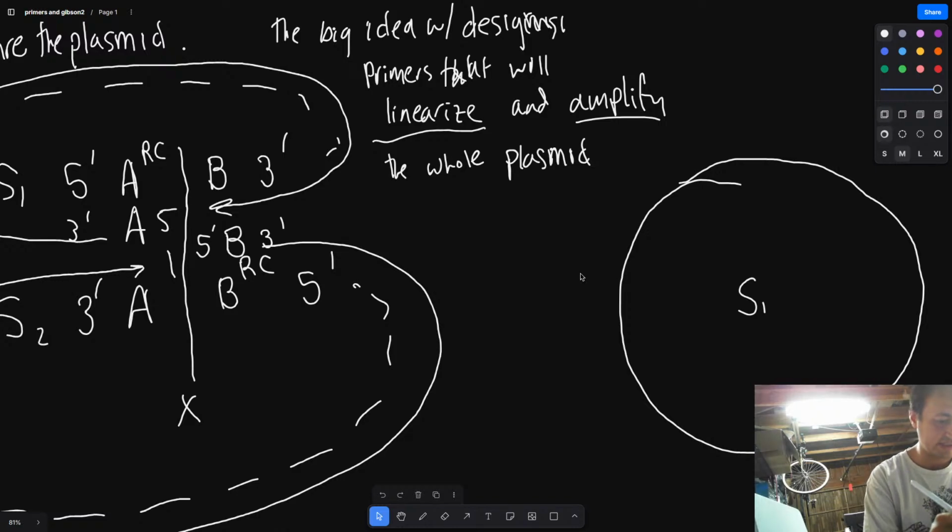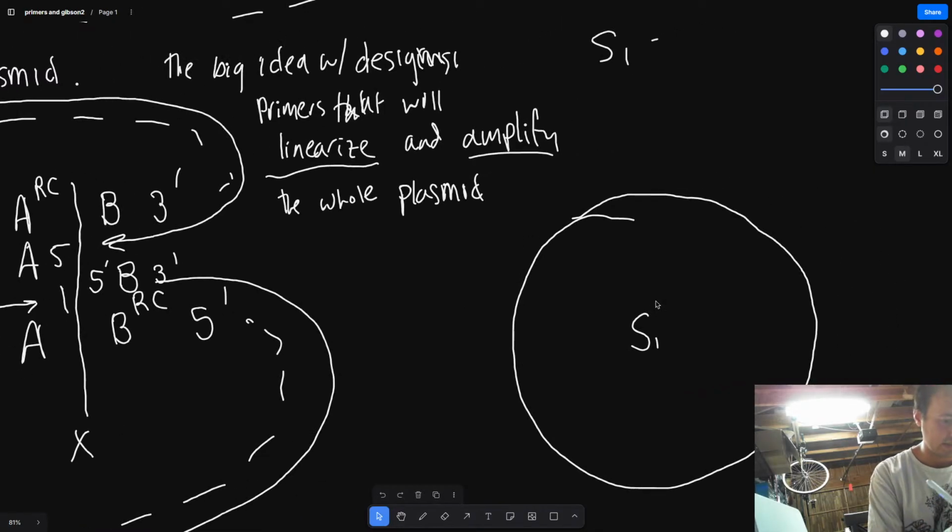Strand 1, S1, is equal to... oh wait, I don't want to draw it right there. Let's erase that. Just draw it a little bit above. S1 is, you know, dot, dot, dot. Well, let's say 5 prime, dot, dot, dot.